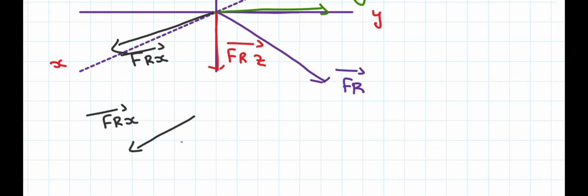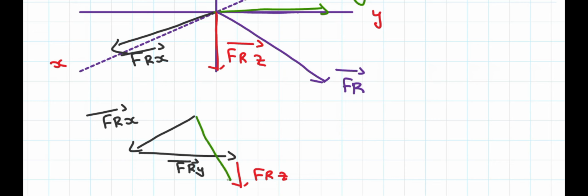So you put the tail of Fry on the head of Frx like this. This is our Fry. Similarly, you put the tail of Frz on the head of Fry like this. This is our Frz. And lastly, you join the tail of the first vector to the head of the last vector like this, so that this green line is your resultant vector.